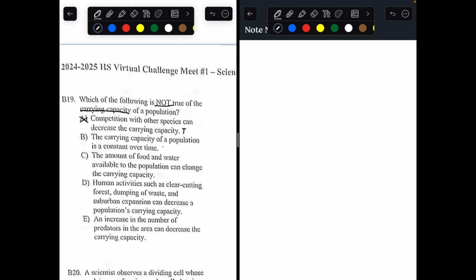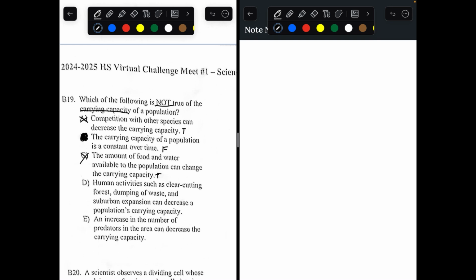So no, B is false because there are environmental factors that can change carrying capacity. So B is the right answer. But let's look at the other three. C. The amount of food and water available to a population can change the carrying capacity. This is tied in with what I said in B, where a volcanic eruption destroying food will lower the carrying capacity. So this is true. So C would be incorrect.